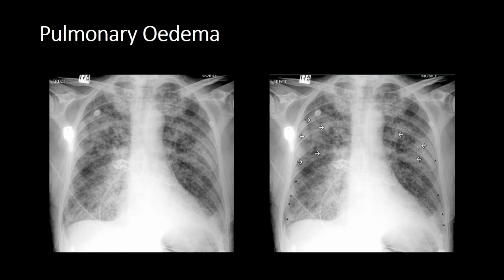But if you look much lower down, we can see tiny horizontal lines which are located around the costophrenic angles. What are they called? That's right, Kerley B lines. And our Kerley B lines are associated with interstitial pulmonary edema. So we have both alveolar patterns and interstitial patterns in this case.